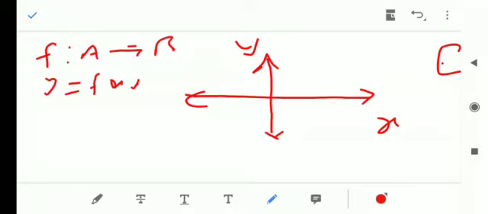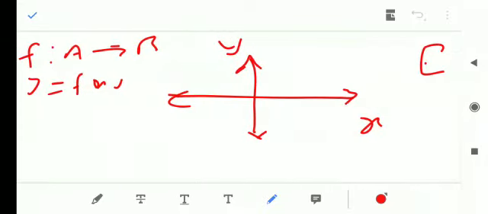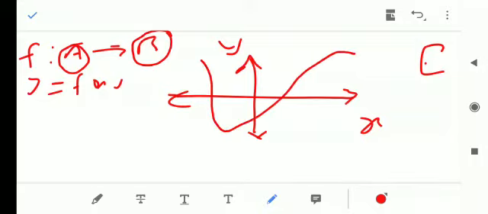The set of all possible values of x is known as the domain A, and the set of all possible values of y of the function is known as the range B. Suppose this is the function y = f(x). In the previous chapter we went through the concept that the function f from A to B, y = f(x), is invertible only when the function is one-one and onto.